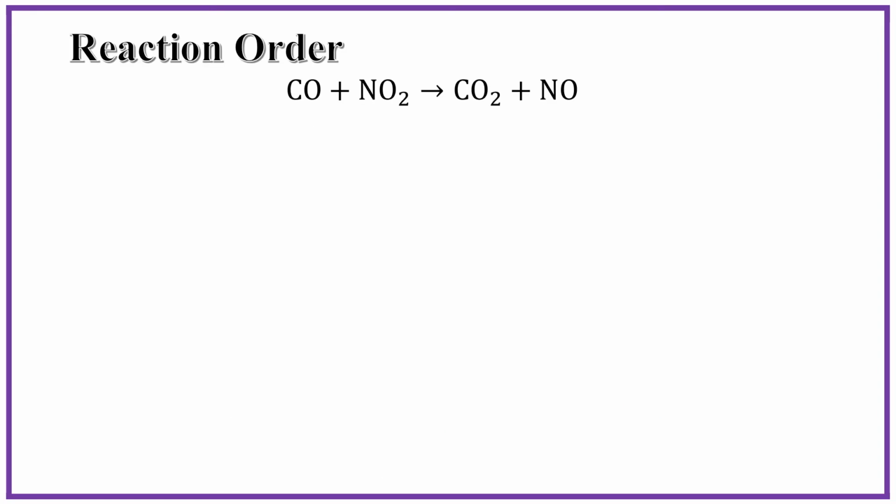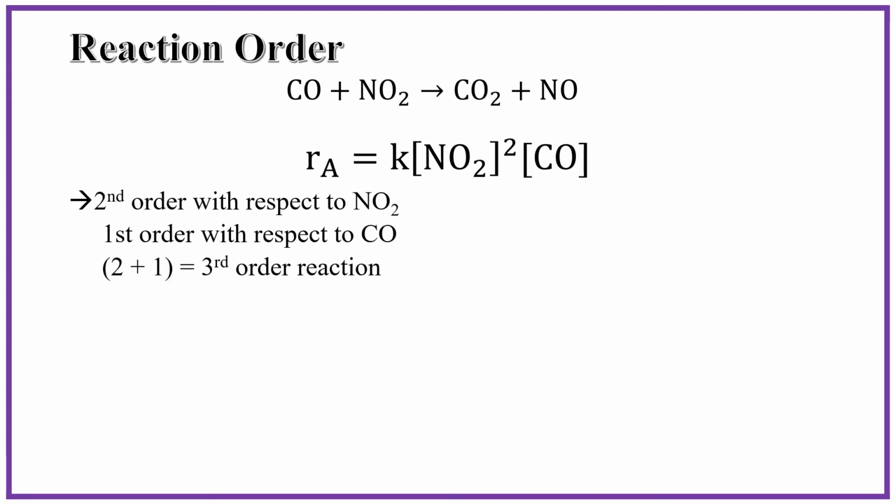To take a more practical approach than A plus B goes to C plus D, let's look at carbon monoxide plus nitrogen dioxide goes to carbon dioxide plus nitrogen monoxide. Pretend we have a set of reaction data that allows us to write the following equation. RA is equal to K times the concentration of nitrogen dioxide squared times the concentration of carbon monoxide.